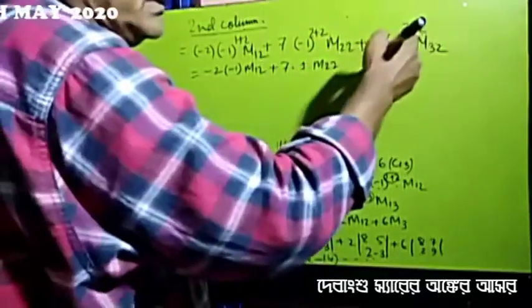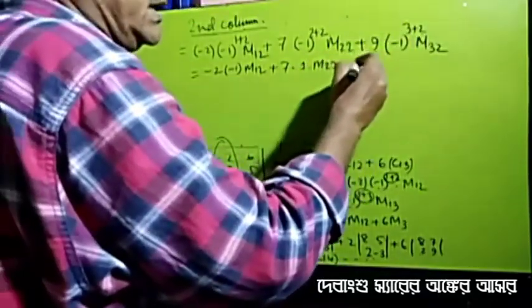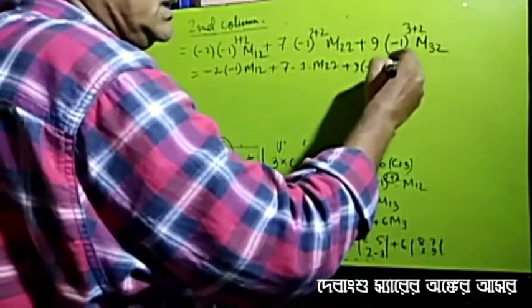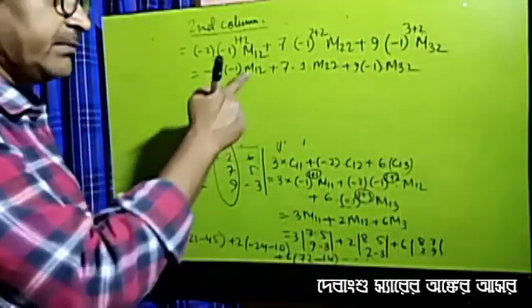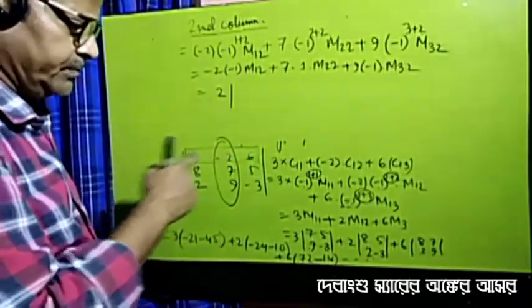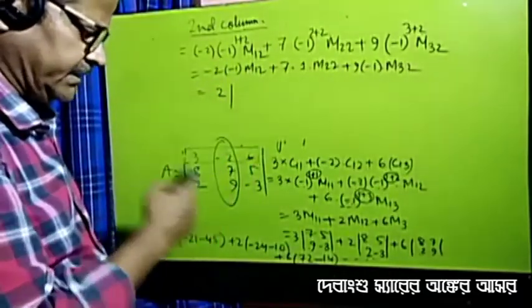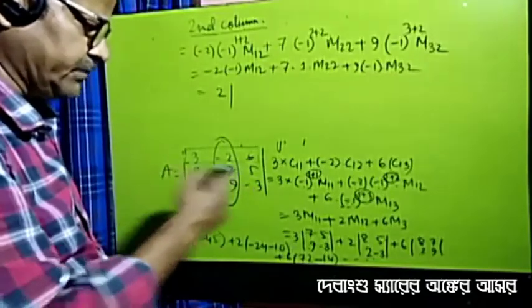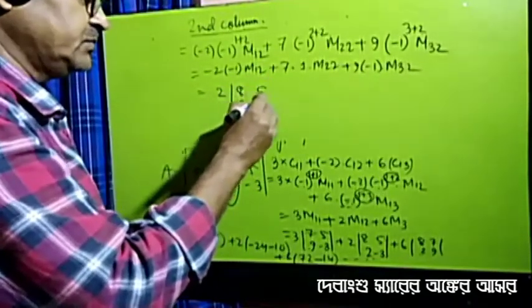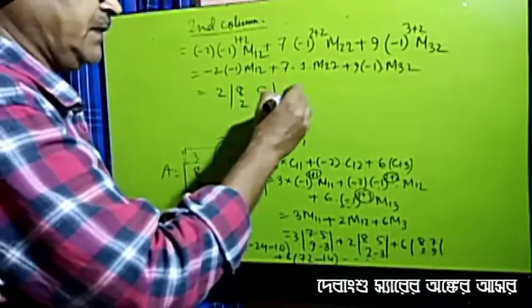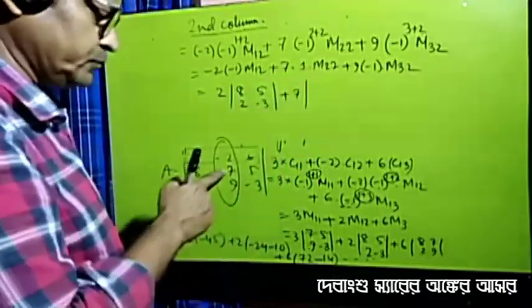It is odd. So plus 9 into minus 1, M32. So that gives you 2 into M12. For M12, you have to eliminate first row and second column. That gives you these 4 elements. That is 8, 5, 2, minus 3. Plus 7 into M22, this element.